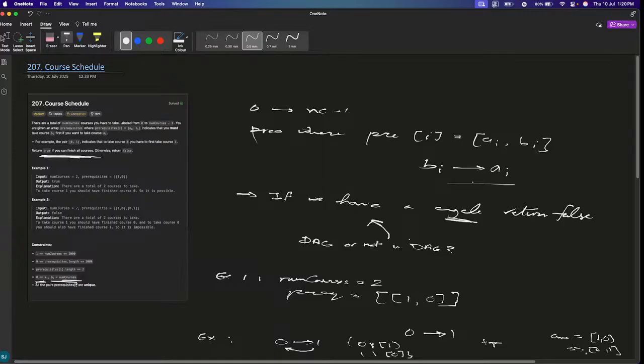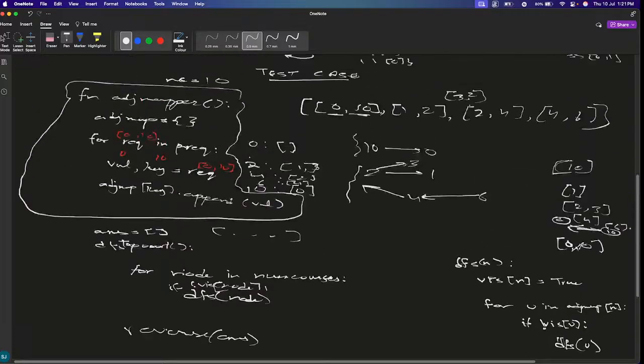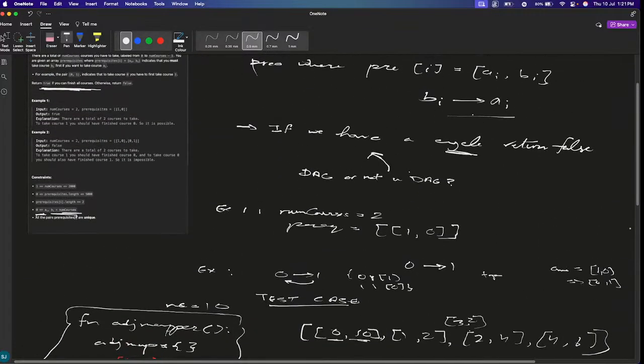So yes, we have to reverse it first. That's the topological sort algorithm. But that will just give an answer, not whether it was cyclic or non-cyclic. Our goal is to figure out how to convert it into a boolean.